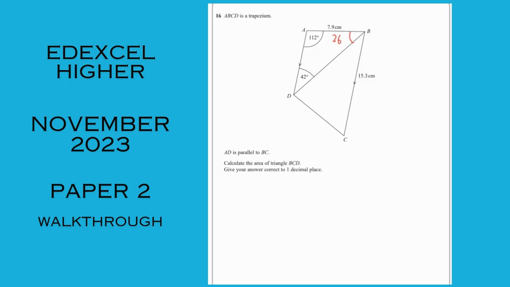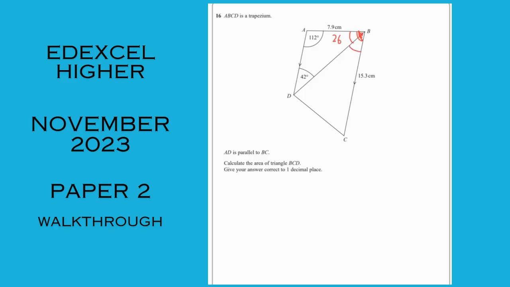Now, if you notice this angle of 112 and this angle here, they are co-interior. So 180 minus the 112 means this angle should be 68.